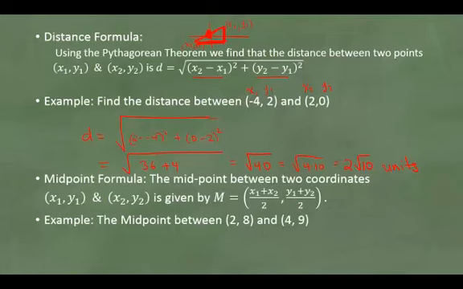So here, for our x1, y1, x2, y2, we average out those values to find a midpoint. x1 plus x2, 2 plus 4 is 6 over 2. y1 plus y2, 8 plus 9 is 17 over 2. 6 over 2 is 3, 17 over 2 is just 17 over 2. And we're done.